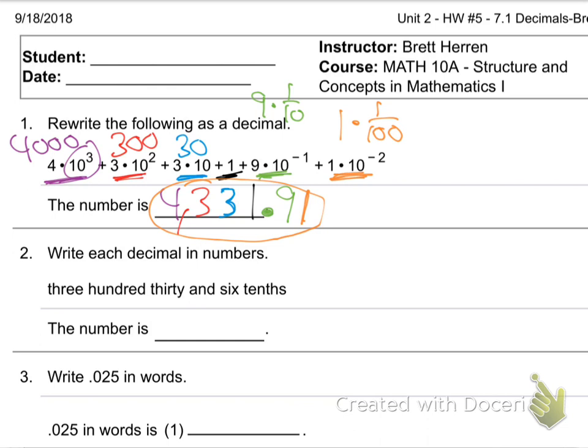All right, let's try the next one. Speak up if you have questions on anything. 330 and 6/10. Can you write that out as a normal number? Just practice reading the words there. Just write that as a normal number.